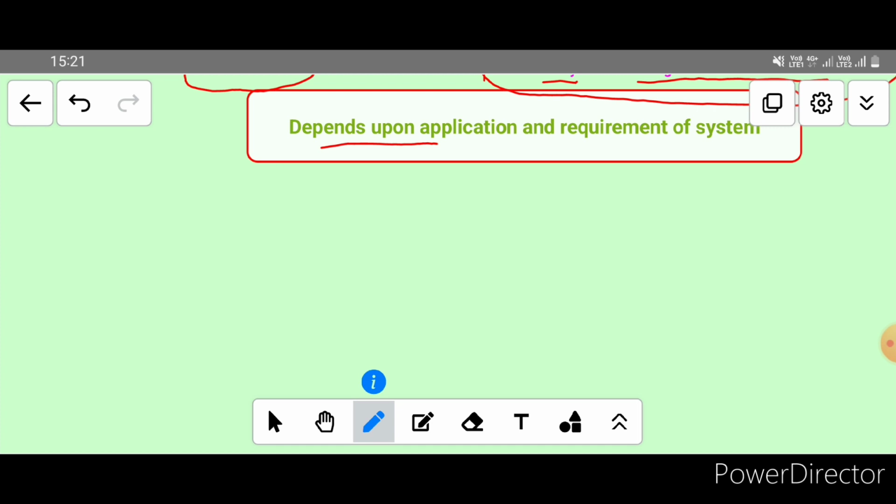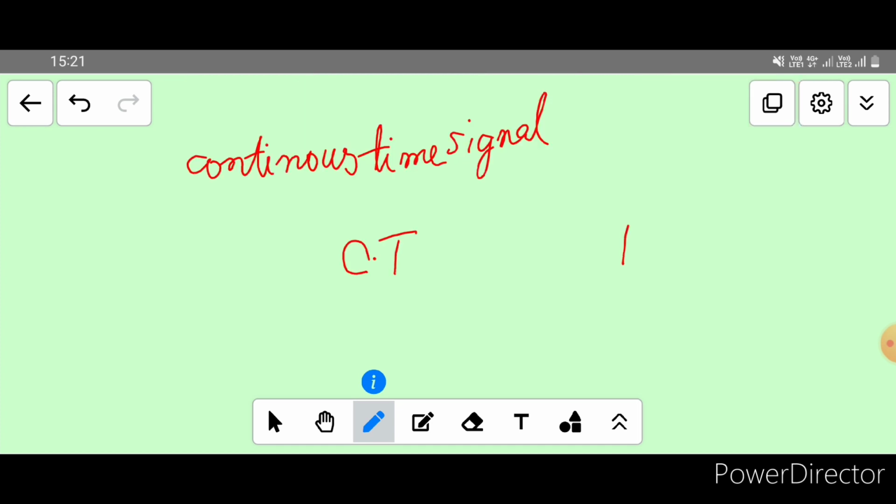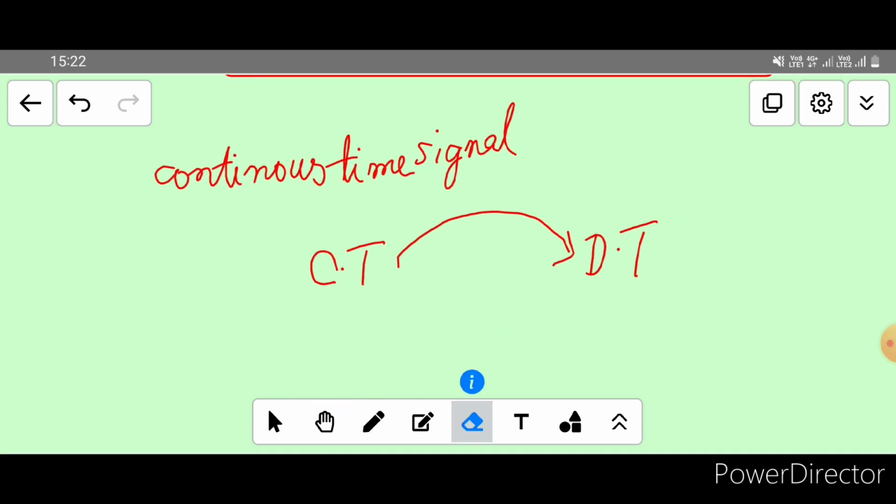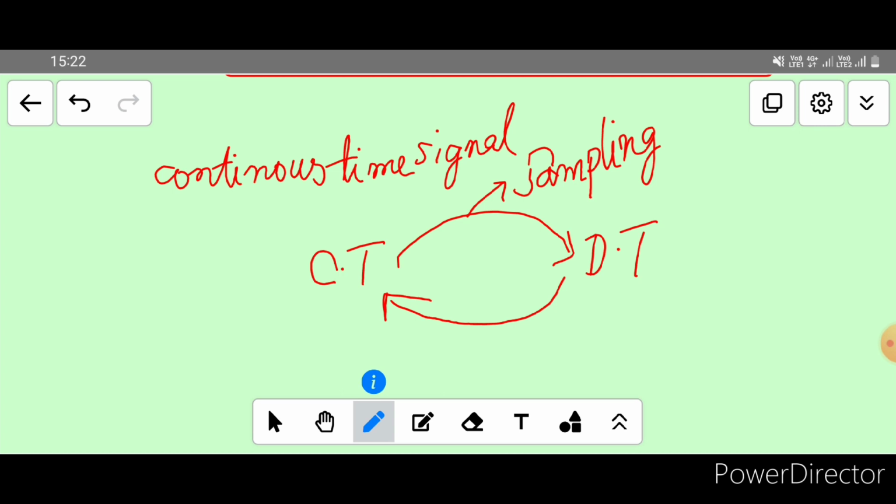We can always convert a continuous time signal to a discrete time signal using a method called sampling that we are going to learn in our coming lectures, and also convert the discrete time signal back to continuous time signal using a technique called reconstruction that also we are going to learn in our coming lecture.